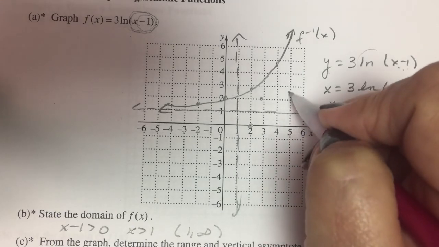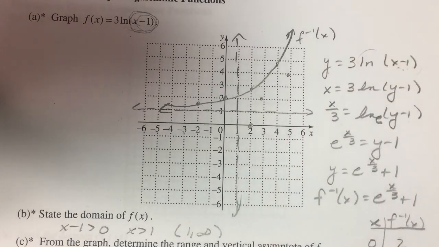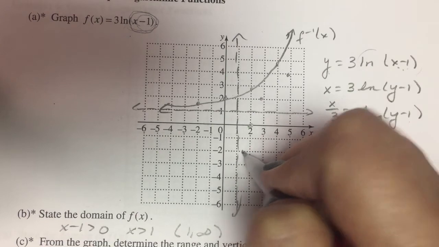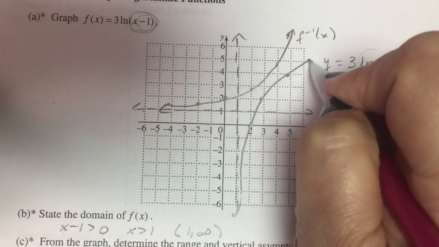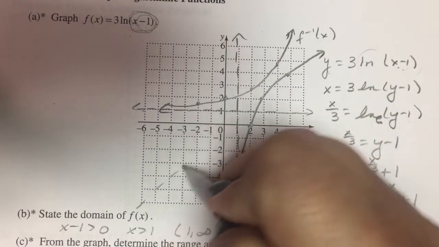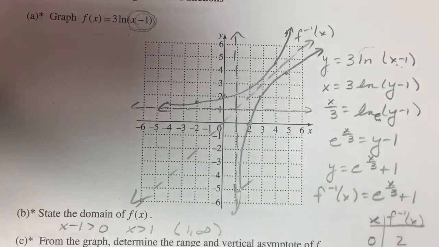It's about right there. And I'm going to plot 1.5, negative 2. So you can see that guy's kind of going like that. Notice if I were to graph this line, you would see the symmetry.